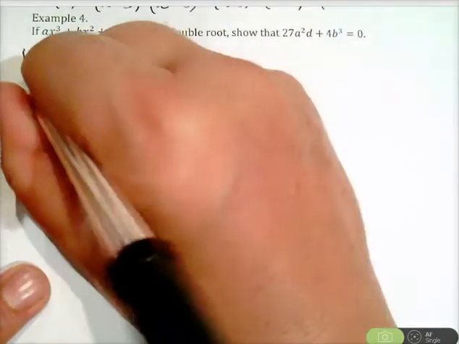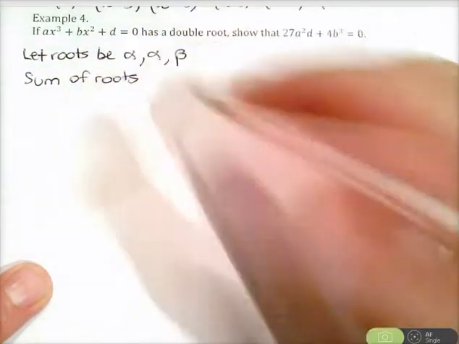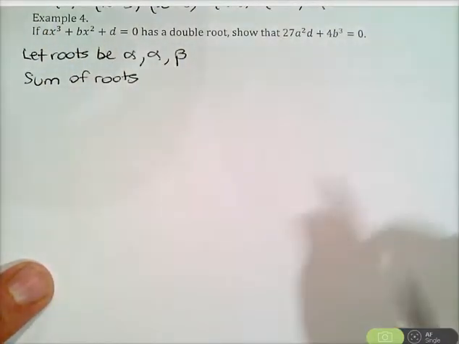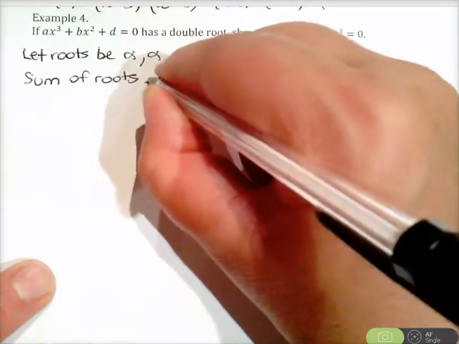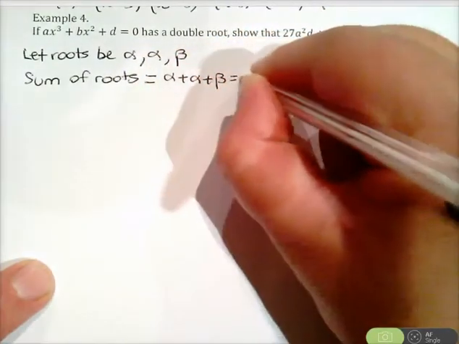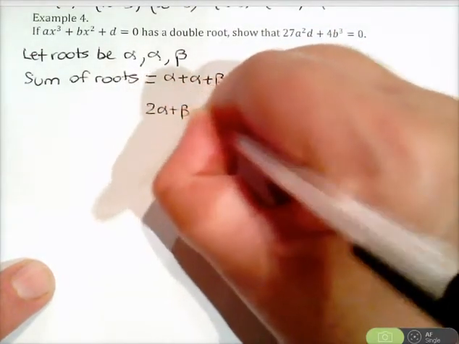So let's look at the sum of roots. Obviously we can't really be differentiating this or anything like that. Sum of roots is equal to alpha plus beta, which equals minus b on a. So we've got 2 alpha plus beta.